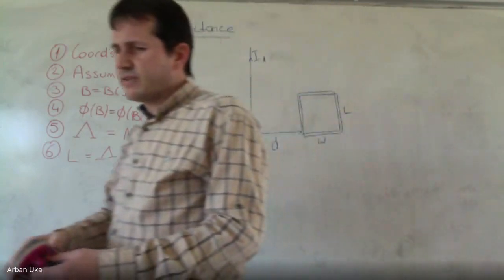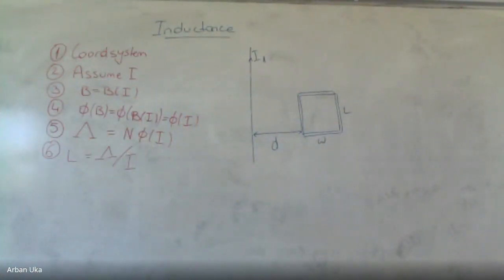So let's try to find out what is the inductance between these two systems. With system, we mean that wire and that specific closed wire loop.